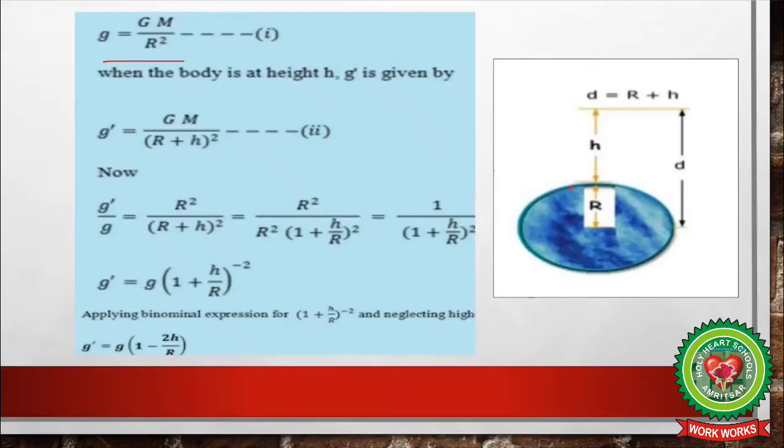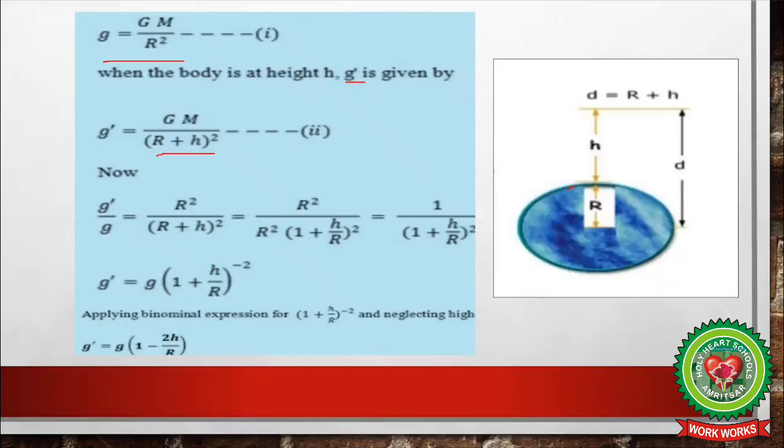When the body is at height h, the value of acceleration due to gravity changes. So we can write g dash is equal to G M upon, now the total distance will be R plus h whole square.